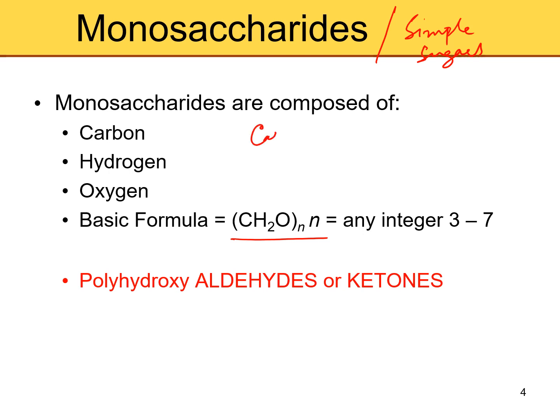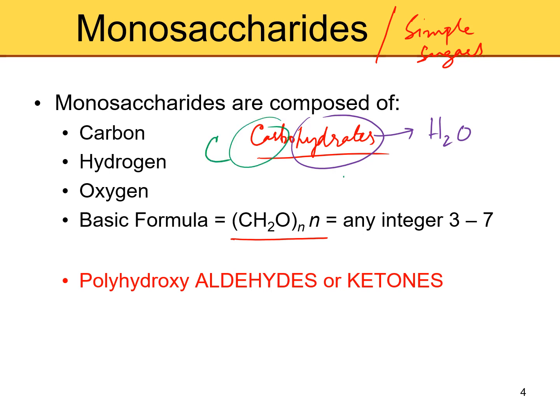When we say carbohydrates, the carbo means carbon and the hydrate part means H2O, so you have carbon and H2O, and many of those. This is really the general formula of monosaccharides or carbohydrates.